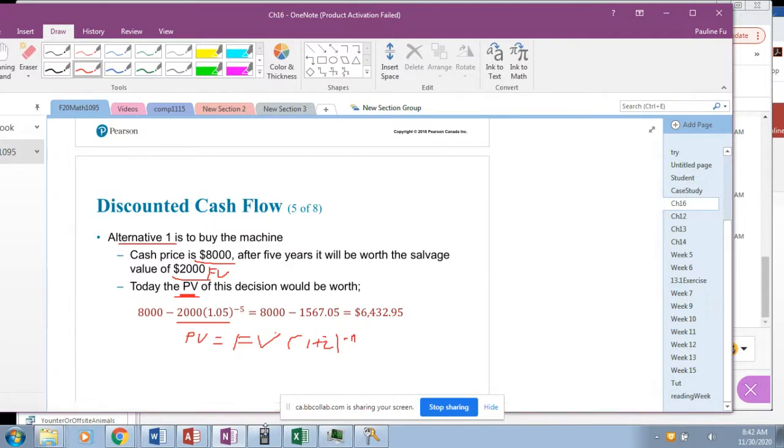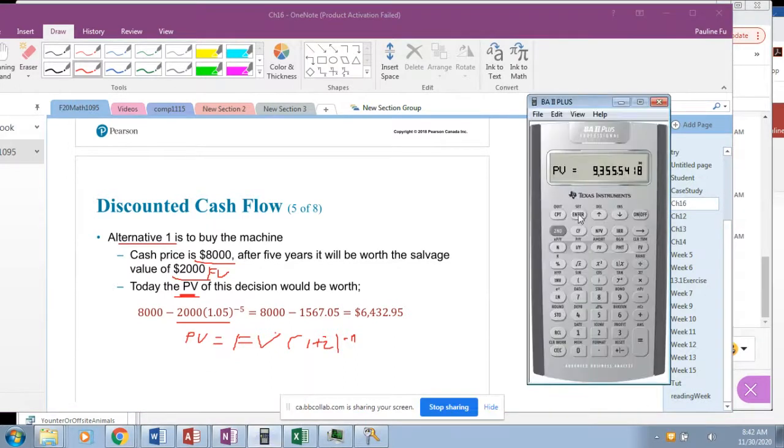Another method, you can use the calculator for this PV. So I'm going to second quit.